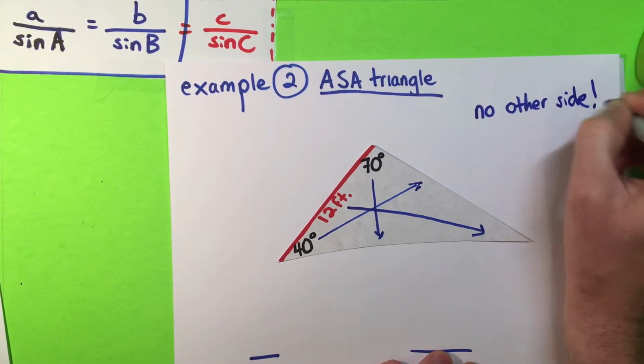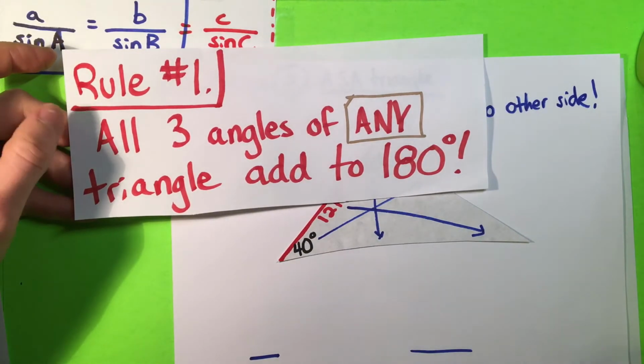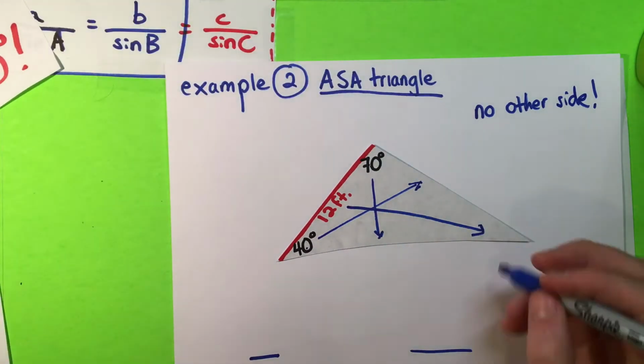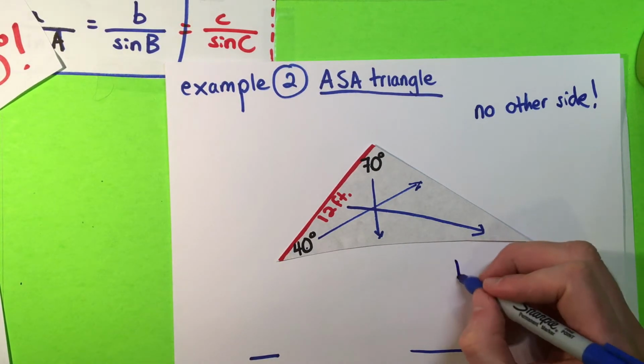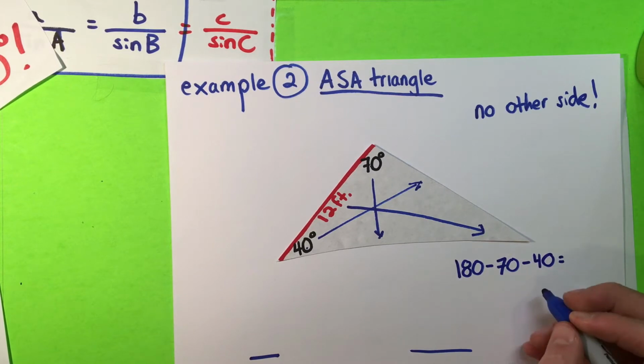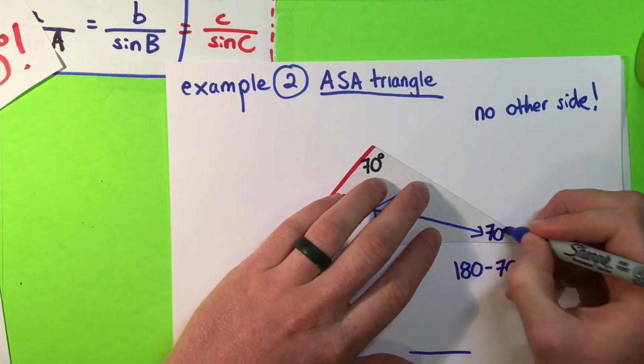This one's a little bit trickier, but what you have to bring in again is rule number 1, that the three angles of any triangle add to 180 degrees. So this third angle is going to be 180 minus that 70 degrees and minus that 40 degrees, so it's also going to be 70 degrees.